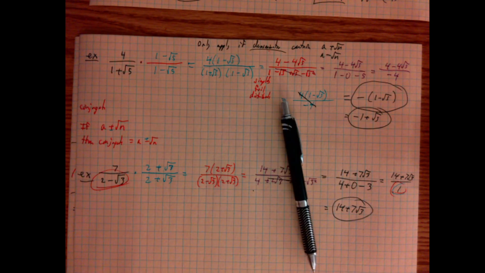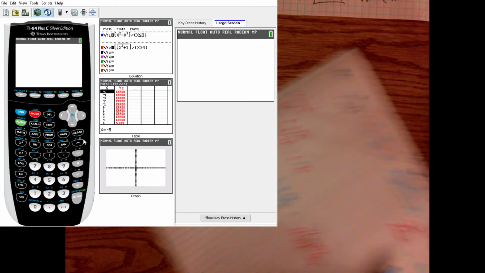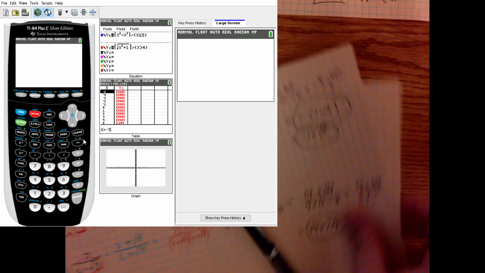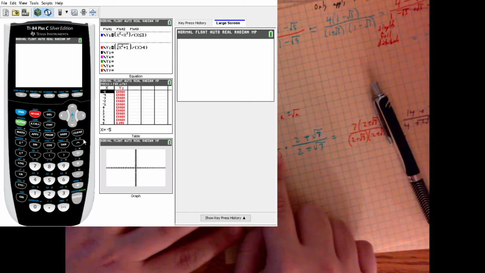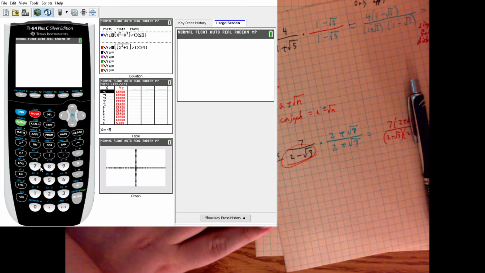For example, let me pull up my calculator here. So here's my calculator. If I type in my original function, which remember was 7 over 2 minus radical 3, I type in 7 divided by the function 2 minus the square root of 3.